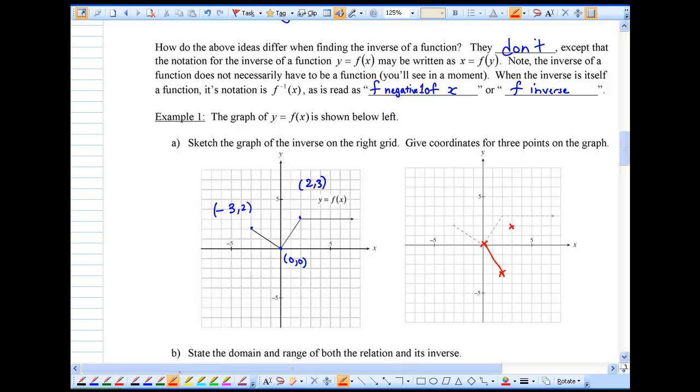And all these points that were along 3, well, they just go vertically like that. There's your inverse. So I write this as x equals f of y. Actually, I shouldn't write it the general way, and I'll tell you why in a second.